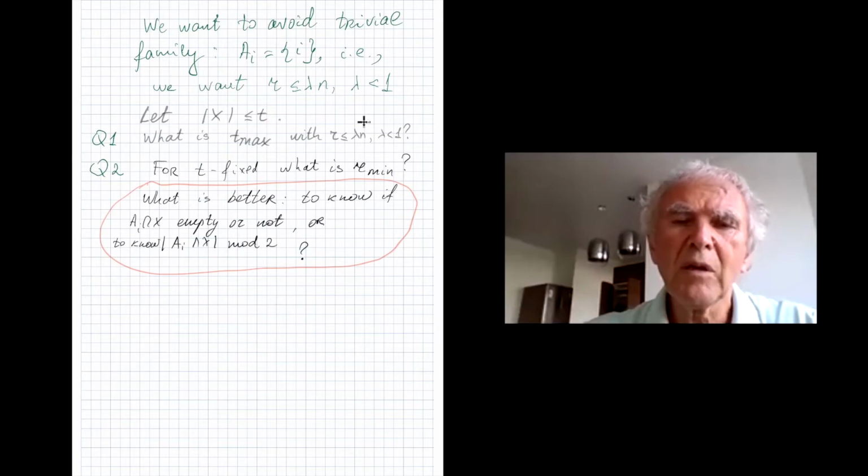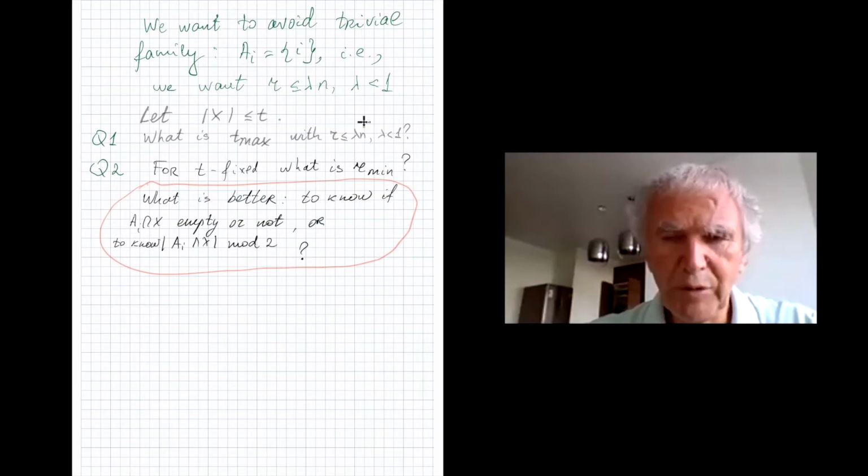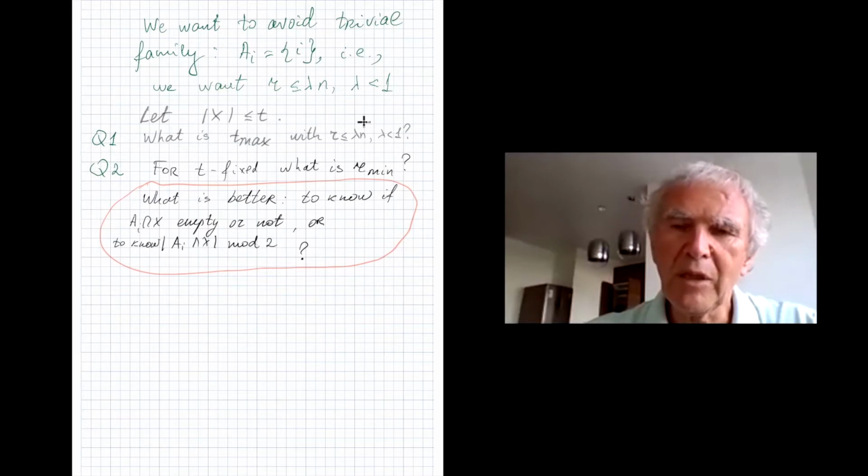So the first question is: what could be the maximal size of such a set, which we can find with non-trivial questions? I mean, when we ask not n but lambda times n questions.